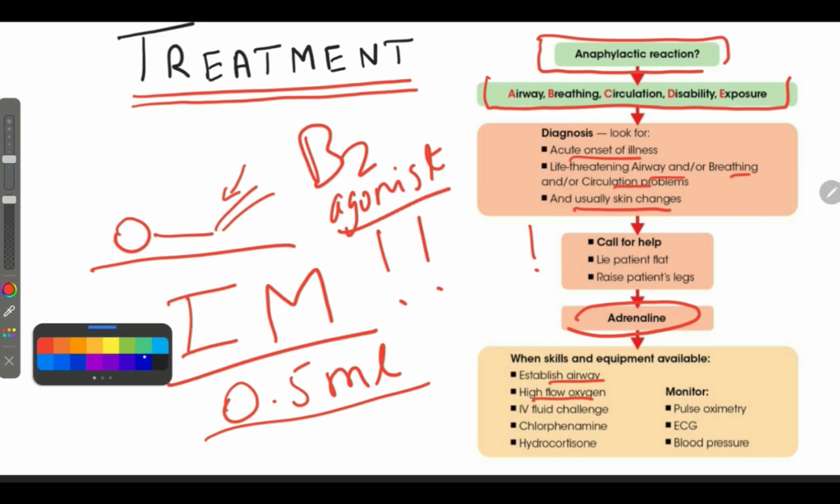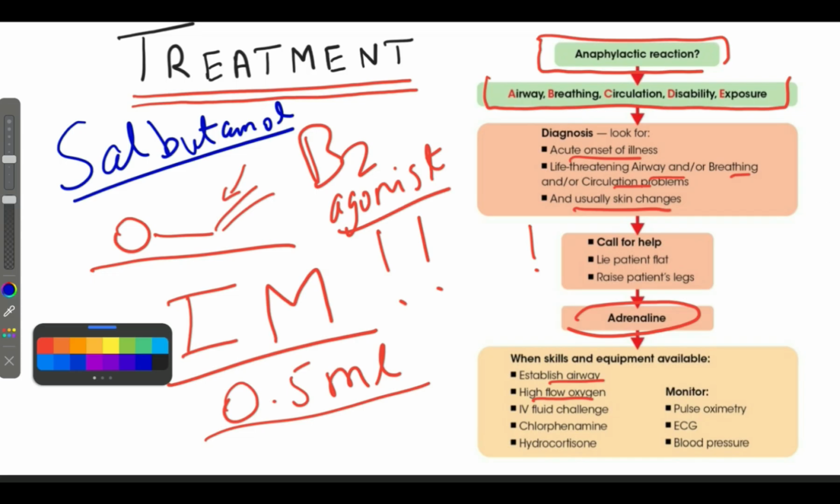Which drug will be the beta 2 agonist? The drug of choice will be salbutamol, which is a short acting beta agonist. It will help in the bronchodilation. You give it as an inhalation, as a nebulization along with the high flow oxygen.